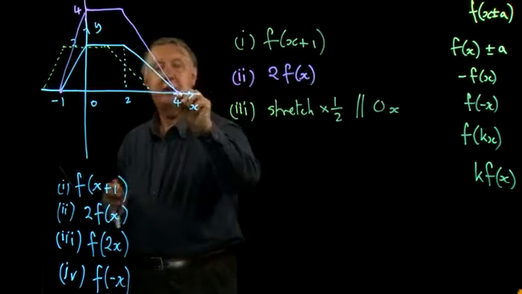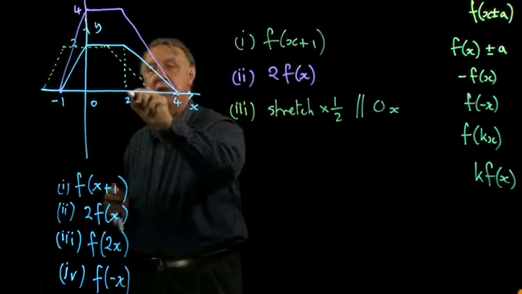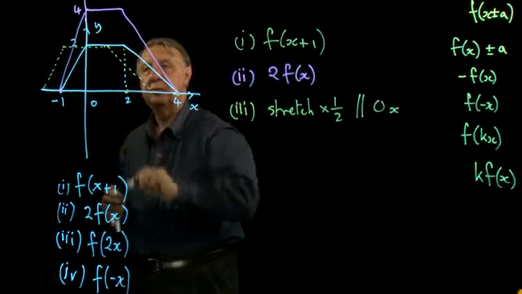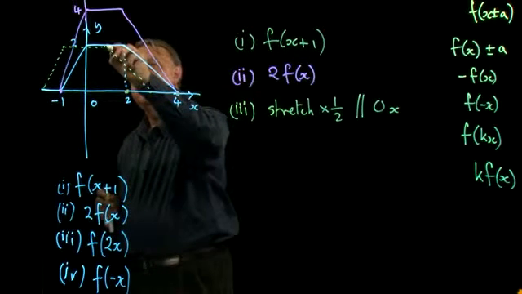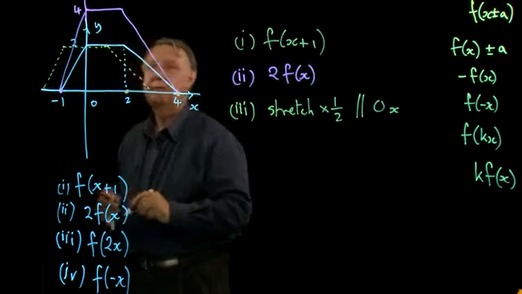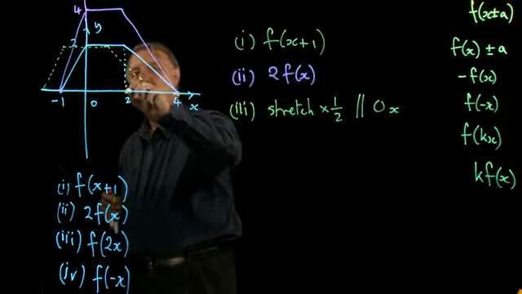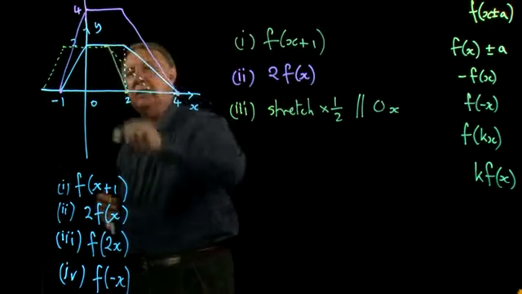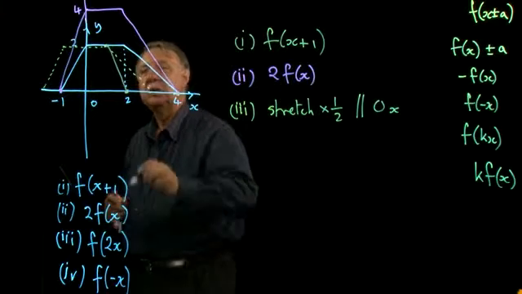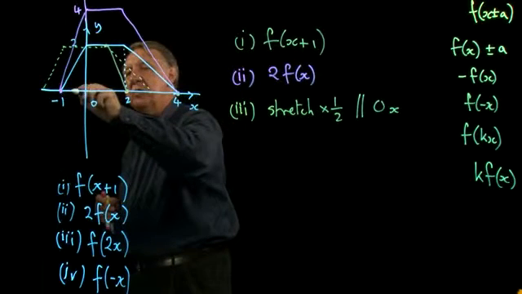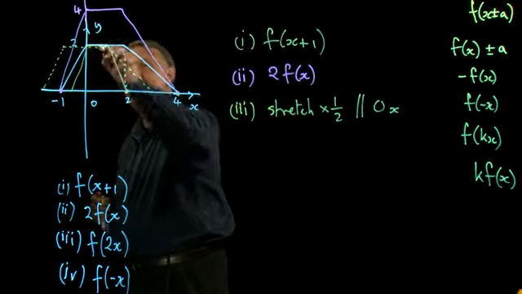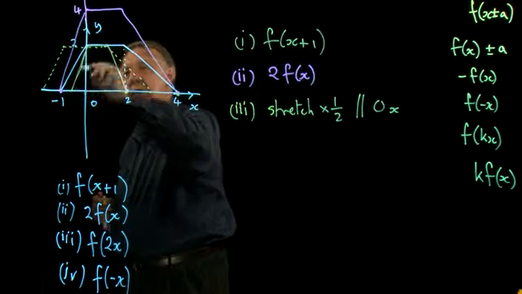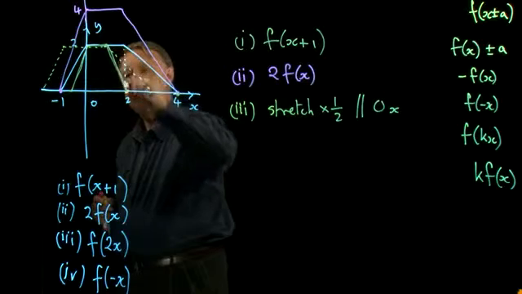So this point here comes in to there. This point goes to there. So that line goes like that. This point comes to here, and so the final graph is like that.